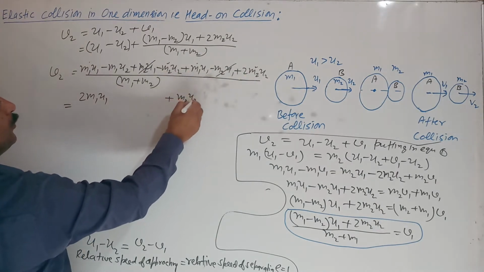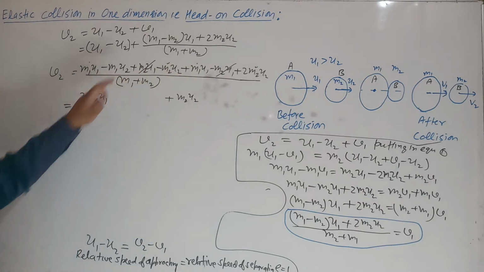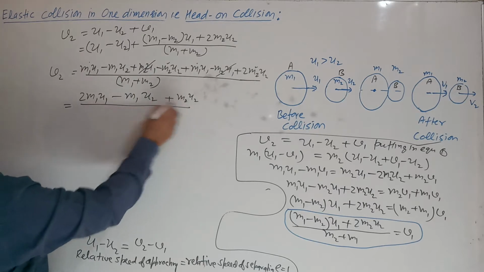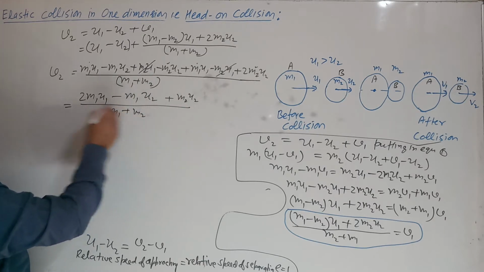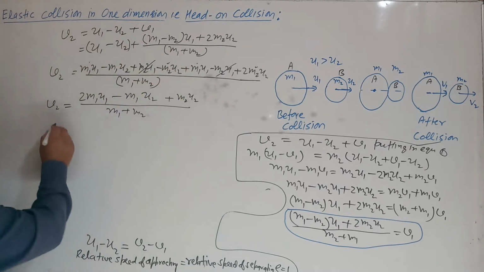This comes to minus m2 u2. So these have all gone, only one remaining, this is minus m1 u2. Simplify this.